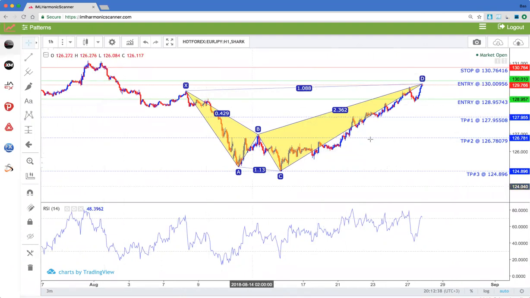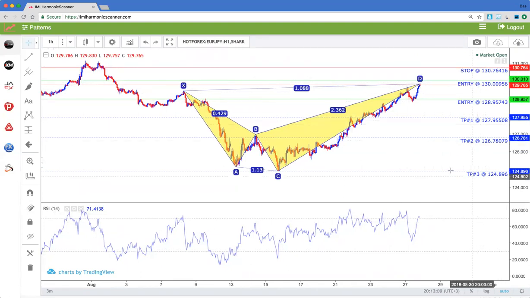The Harmonic Scanner itself comes with a few functions. It will always open the RSI, a relative strength index indicator, as a second form of extra confirmation. Also, it will give you an advisable stop loss, one or multiple entry points, and take profit 1, 2, and 3.